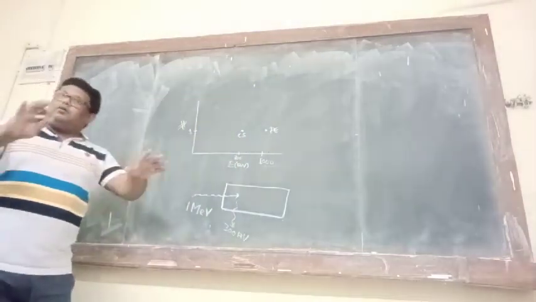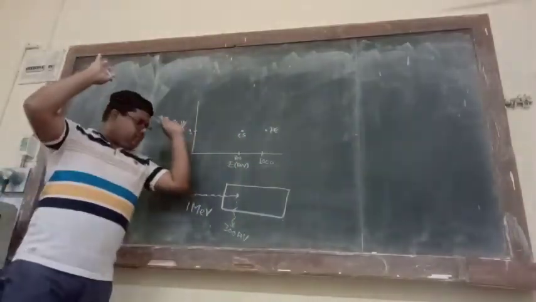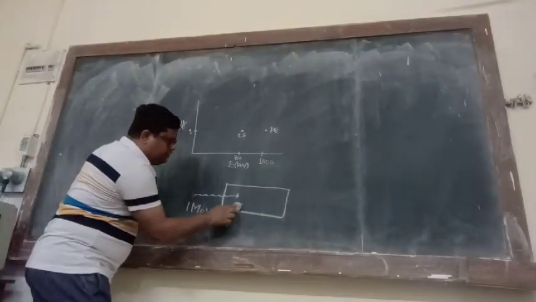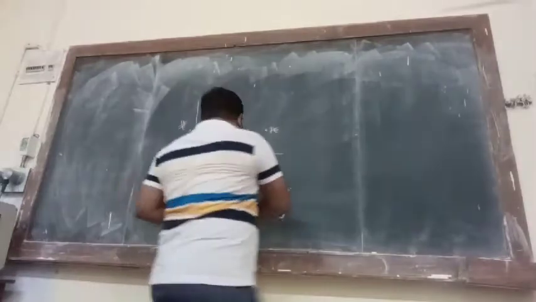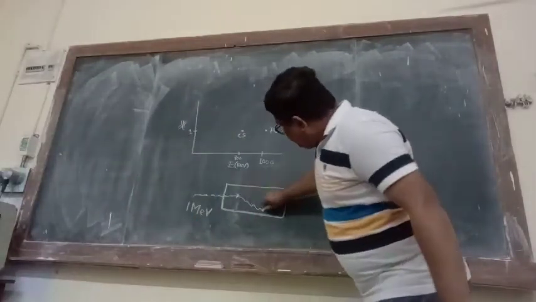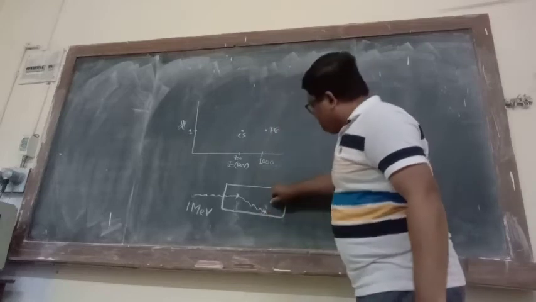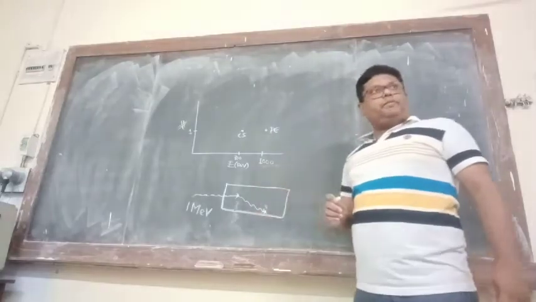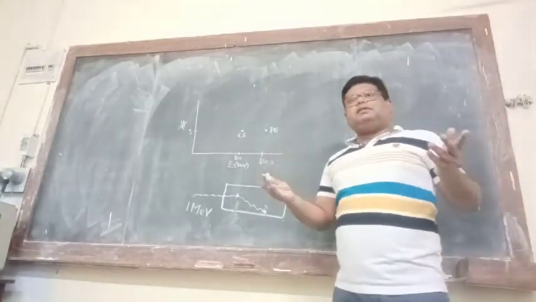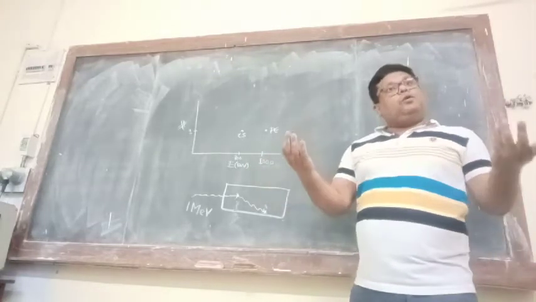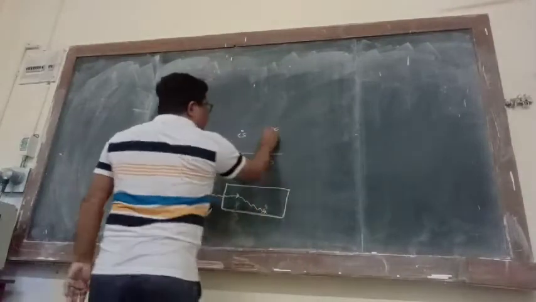Right? Now suppose there is yet another event. What happens? This time, this 300 keV photon, instead of going out of the detector, is absorbed inside the detector at some other point by photoelectric effect. So what is the total energy deposited? 700 plus 300, that means 1 MeV. So we will have a point again here.